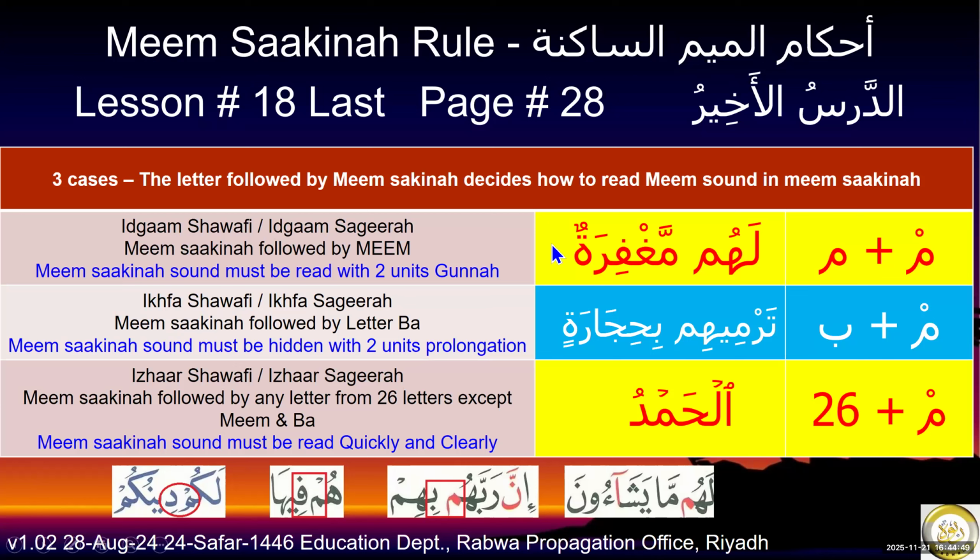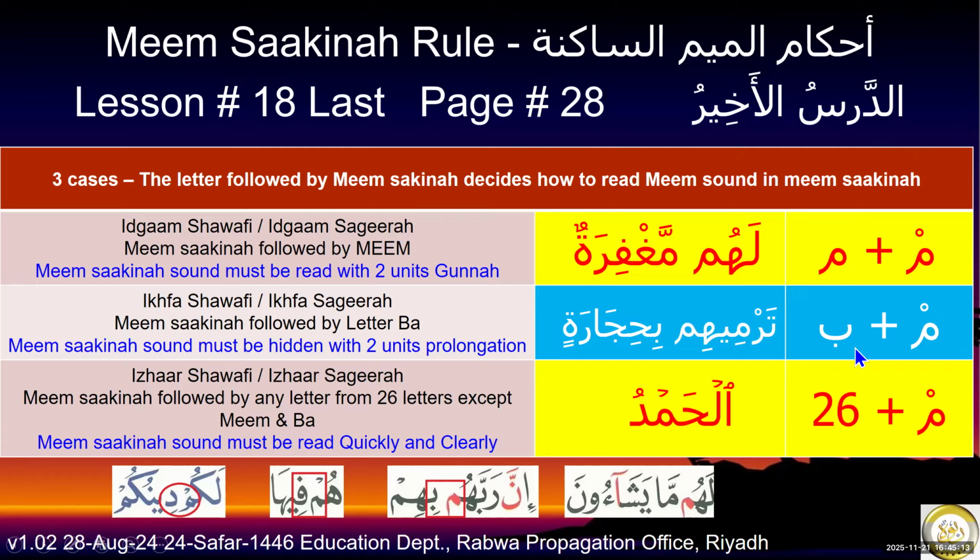Lahum maghfira. Don't leave the lips immediately. You keep on holding these two lips, upper lip and bottom lip. With holding the lips together, you can pronounce this sound very easily, very perfectly. Lahum maghfira. This is the idgham shafawi.